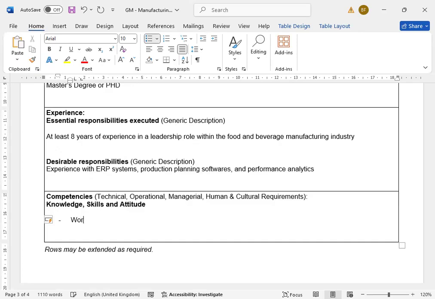It could be working with high volume production and perishable. I think that's okay. Spelling perishable. Okay, that's correct.